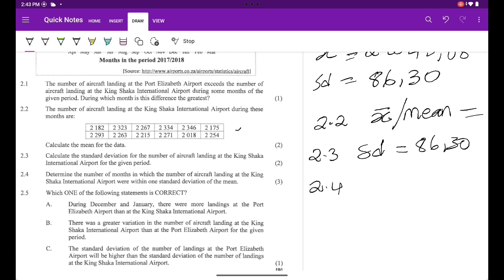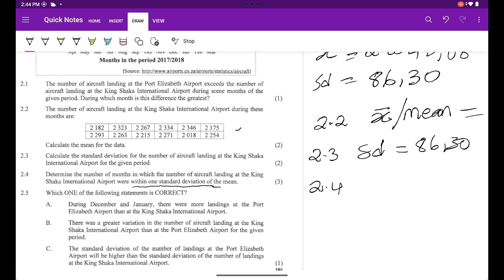Now let's look at the question. Determine the number of months in which the number of aircraft landing at Kinshasa Stadium International Airport were within one standard deviation from the mean. Okay, within one standard deviation from the mean.